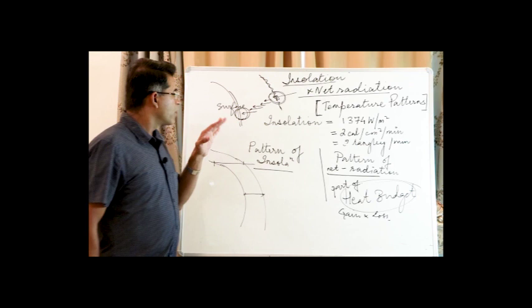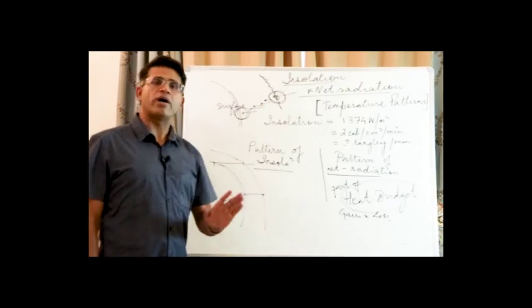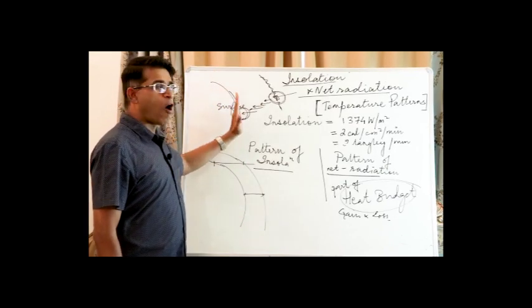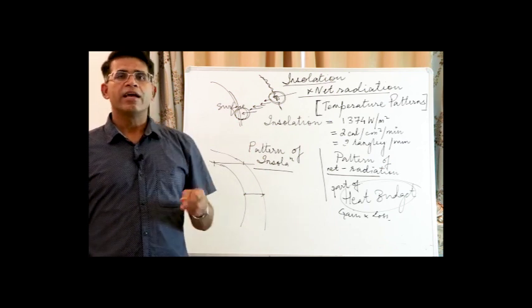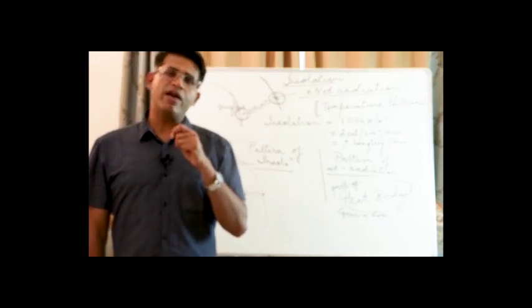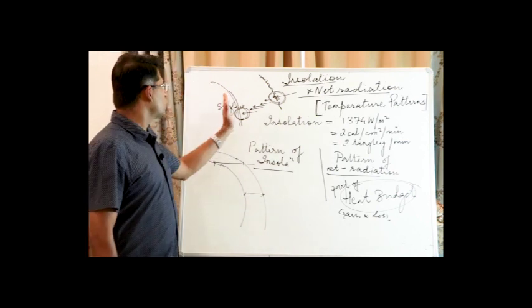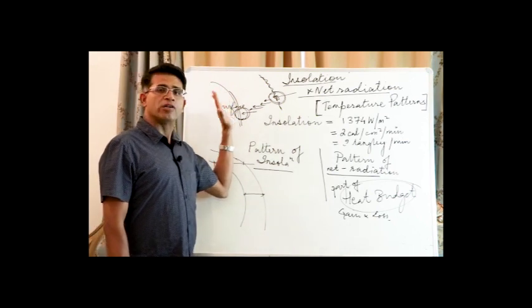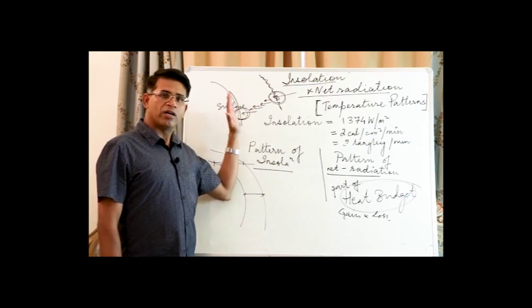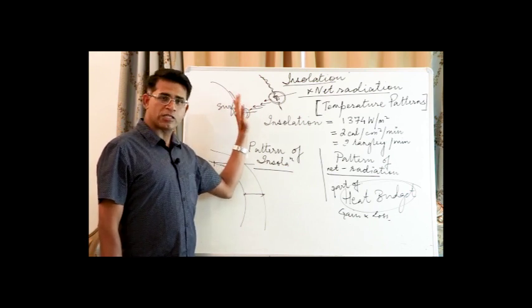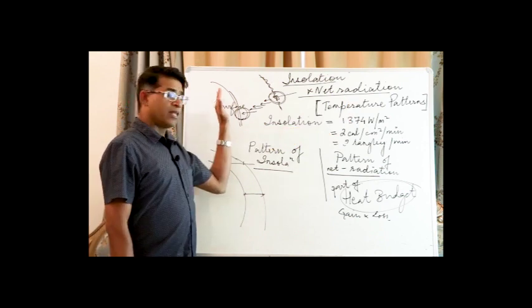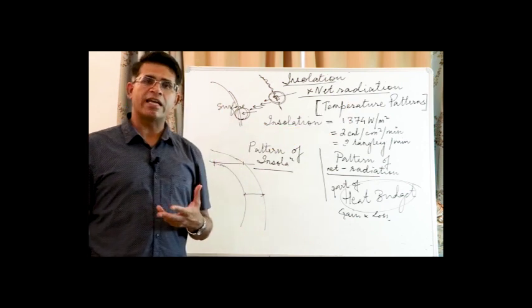I repeat, what are the reasons why the insolation received on the Earth's surface can vary across months, across days, across years? The variations are because of length of day, because of the distance of Earth from the Sun, because of the sunspot cycle.